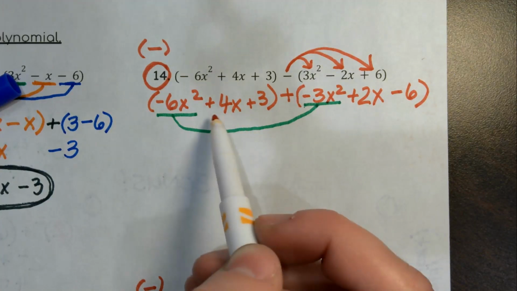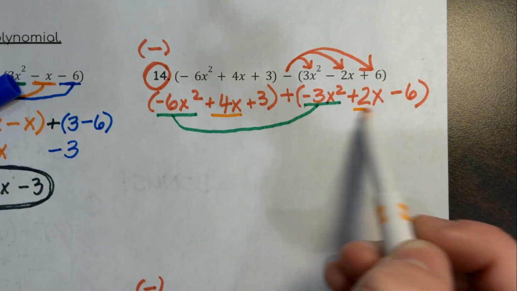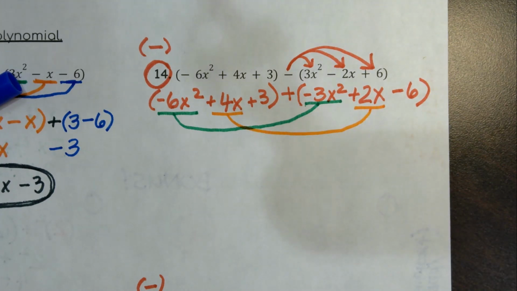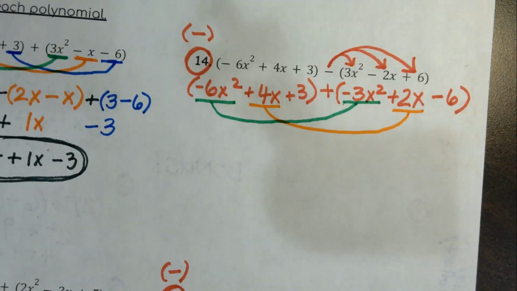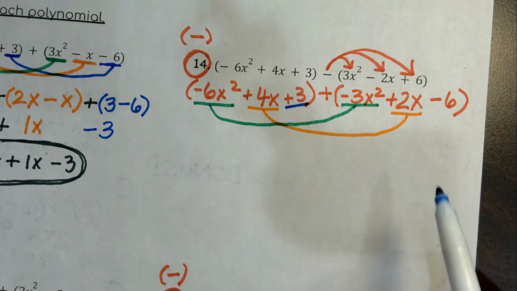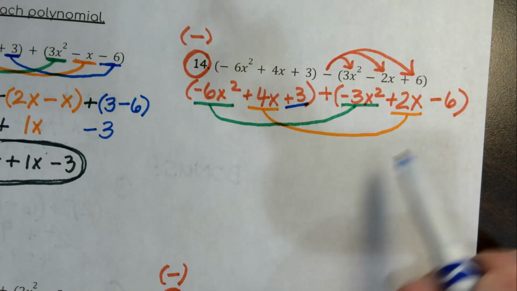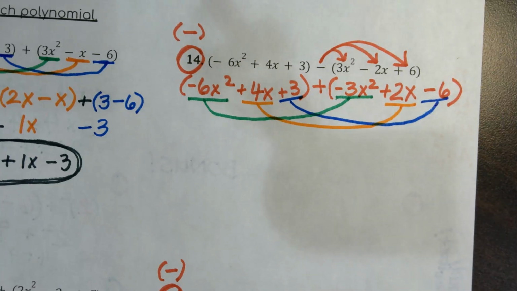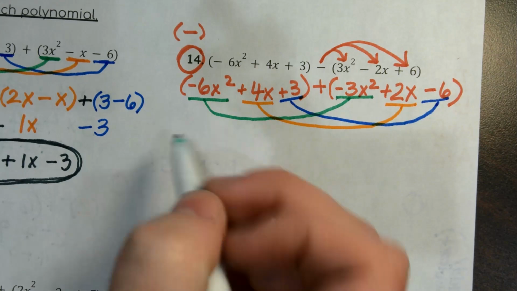What does that go with? 2x. So we're going to draw that there. And finally, we have a positive 3 and what? Negative 6. So we're going to connect those two. Now we just got to put them in parentheses. What are we writing in the first set?